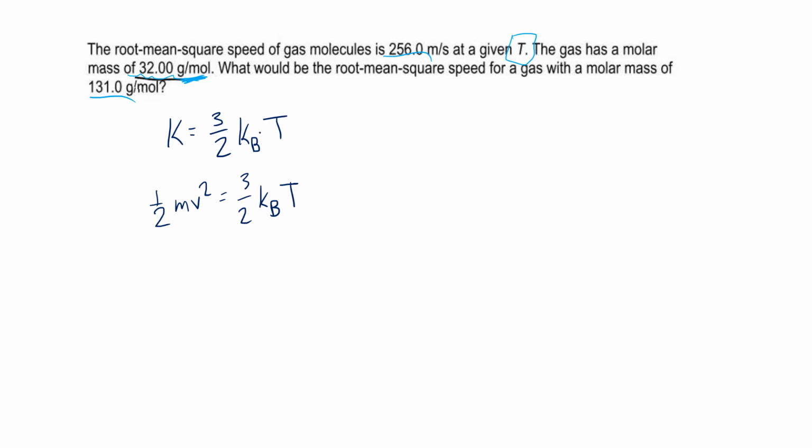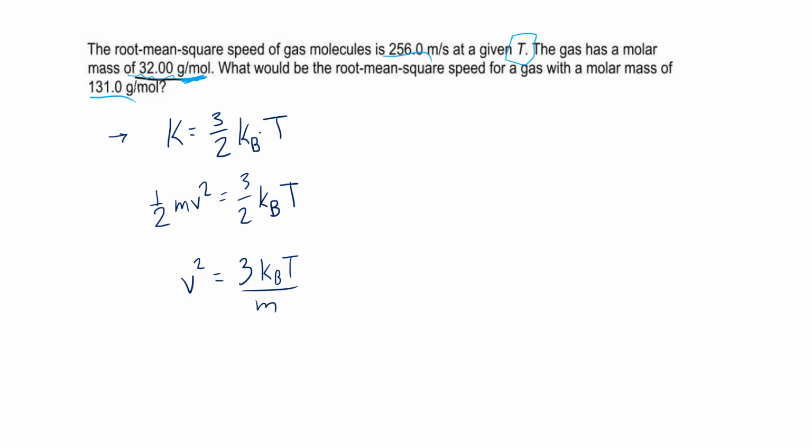I know we just did this, but we're going over it again because we're trying to practice like we would on the AP test, where you won't necessarily remember this one directly. You might have to work up to the velocity one. So solving now, we're going to get v squared is equal to 3kBT over m. The 2's canceled out, m went down.